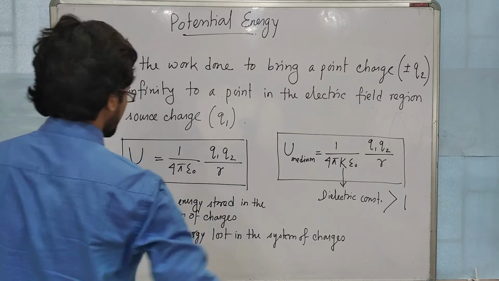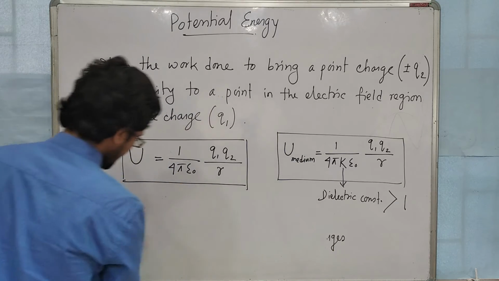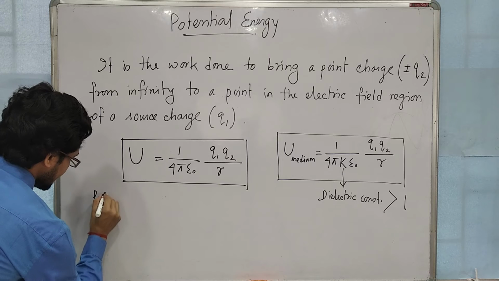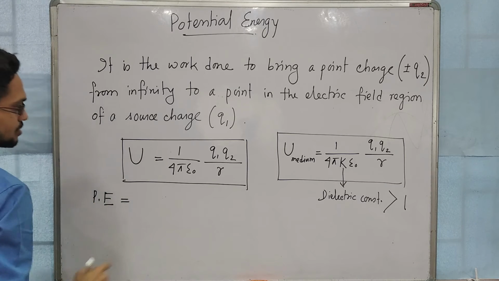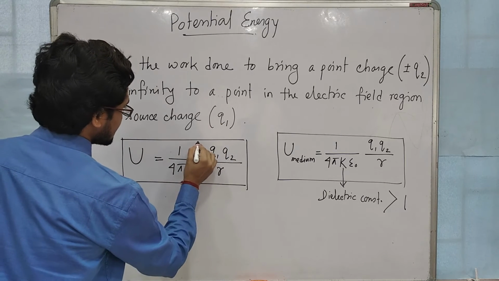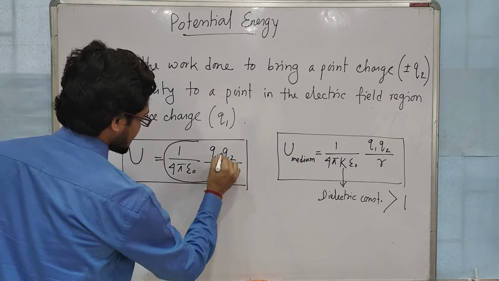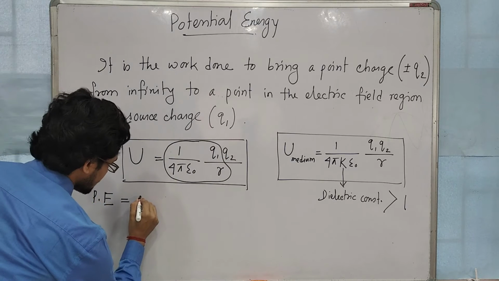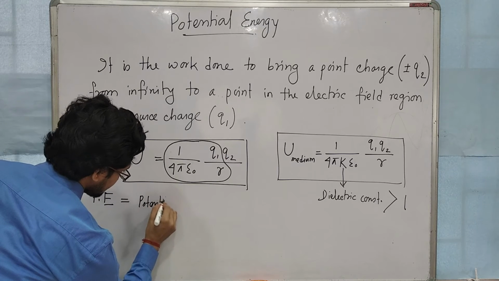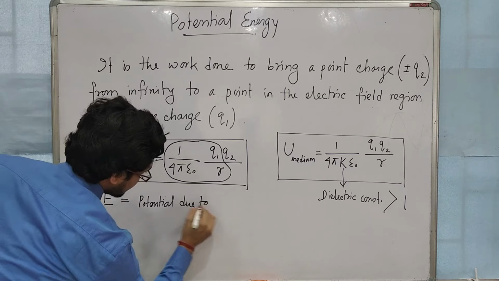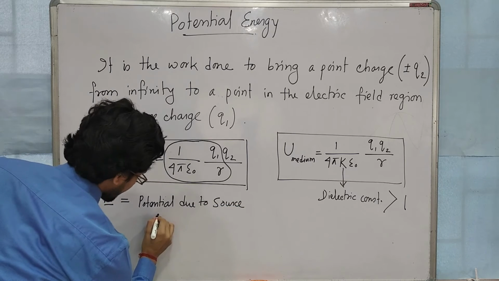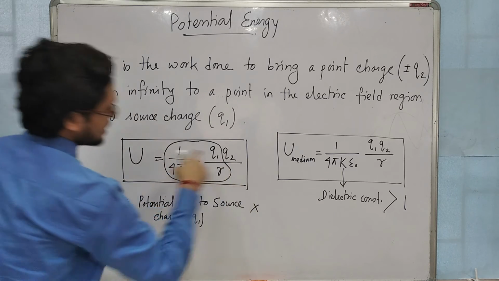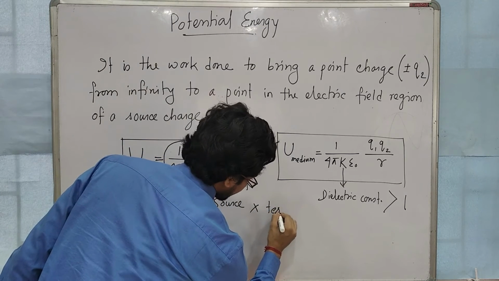So in short form we can write that potential energy equals potential due to source charge, Q1 by 4 pi epsilon 0, into Q2, the test charge.